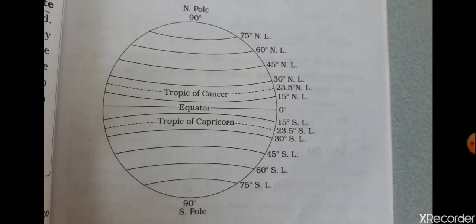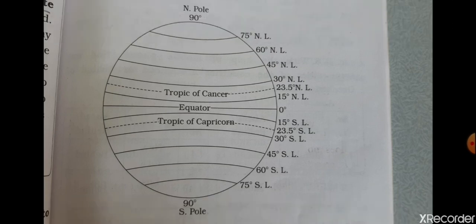From 0 degree, the part that lies towards the north is known as the northern hemisphere, and the part of the earth that lies towards the south is known as the southern hemisphere. These latitudes are imaginary circles running in an east-west direction on the earth.